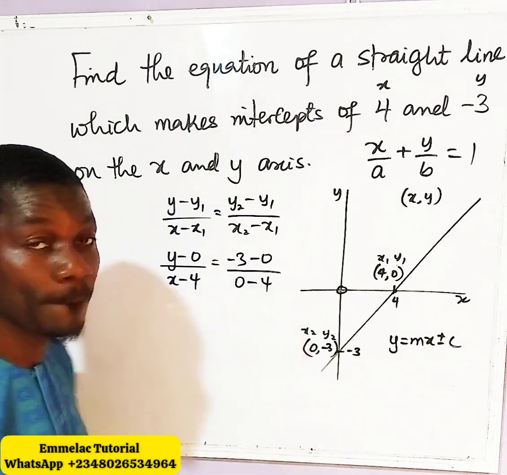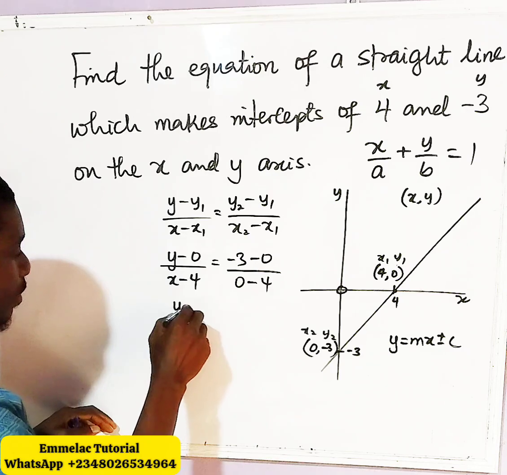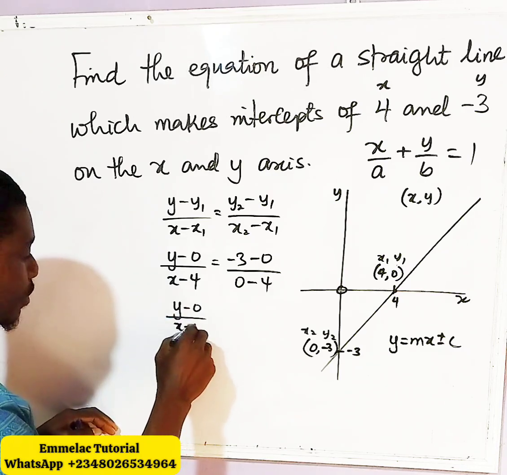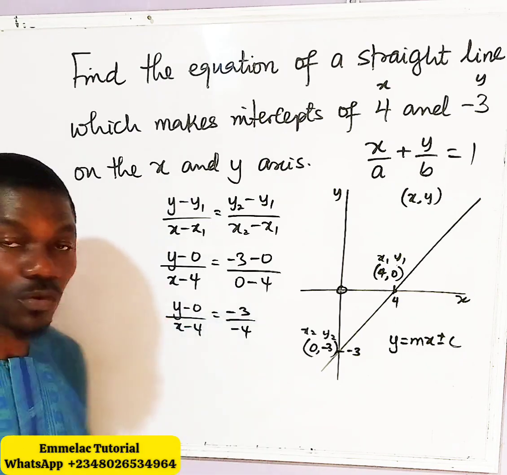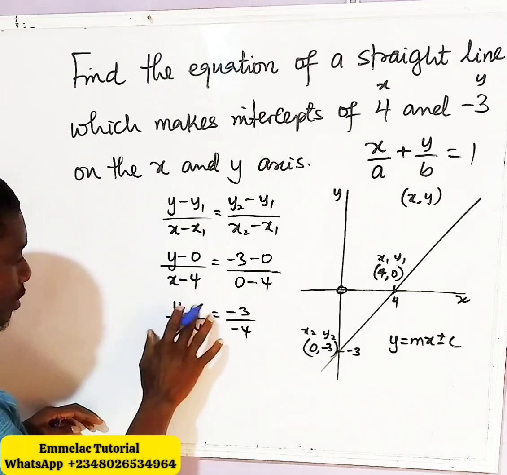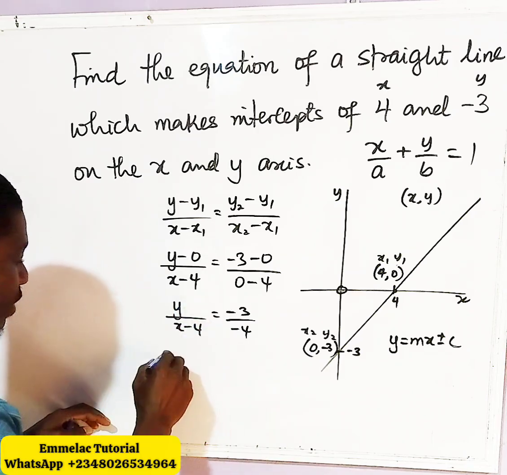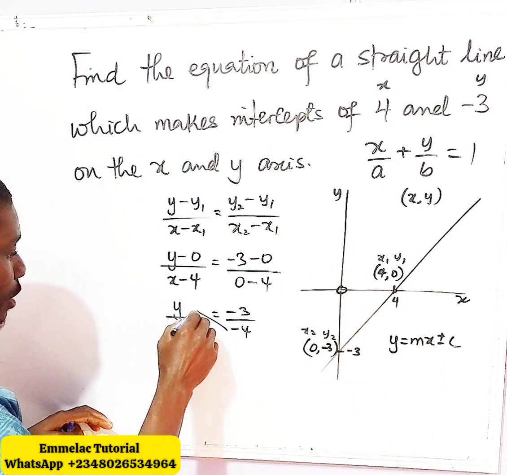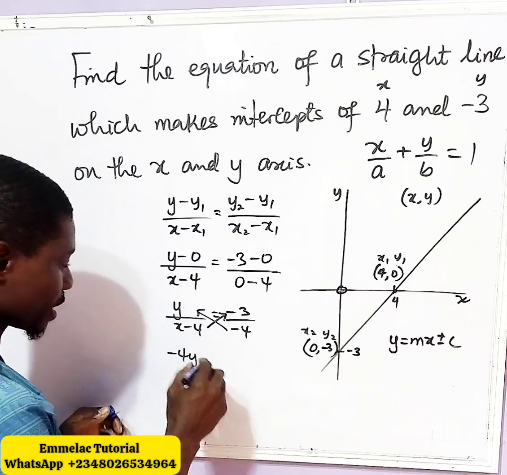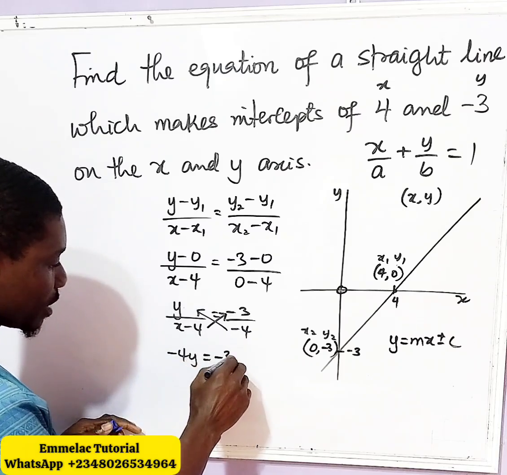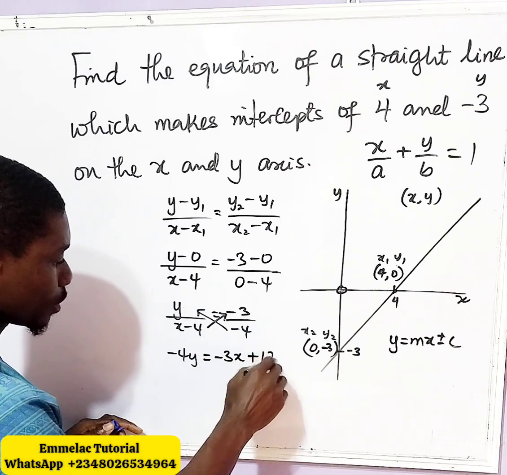So here we have y minus 0 all over x minus 4 equals negative 3 all over negative 4. When we cross multiply, we have negative 4y, because this will move here, this will move here. The whole of this multiplied by negative 3, we have negative 3x, then plus 12.